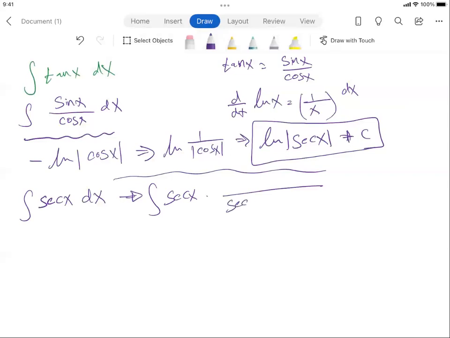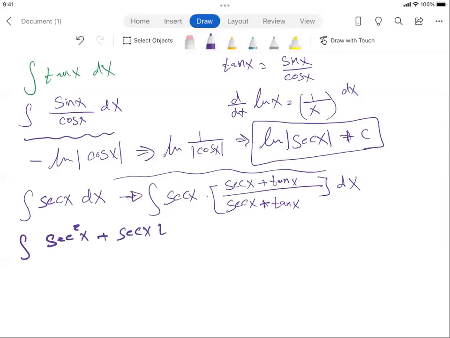So I can do secant of x plus tangent of x, and on top also secant of x plus tangent of x, dx. So the top becomes secant square of x plus secant of x tangent of x, and at the bottom I have secant of x plus tangent of x dx.